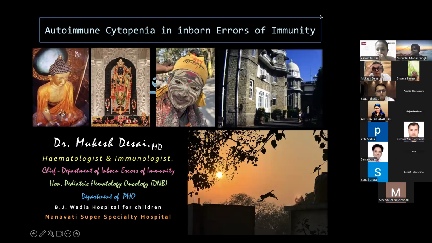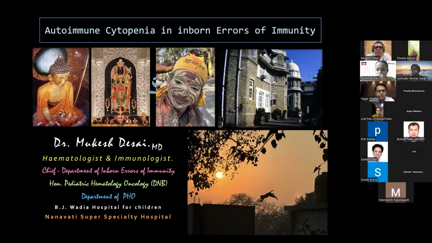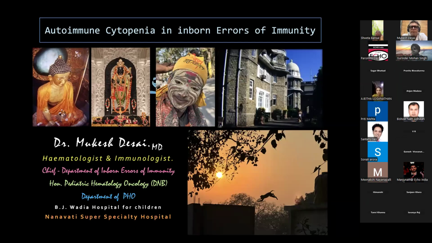We all know that autoimmune hemolytic anemia, although uncommon in children, often presents with significant diagnostic and therapeutic challenges. In recent years, we have learned that a subset of children with AIHA, particularly those with recurrent, refractory, and multilineage autoimmune cytopenias, may actually have an underlying immune dysregulation syndrome or inborn errors of immunity.